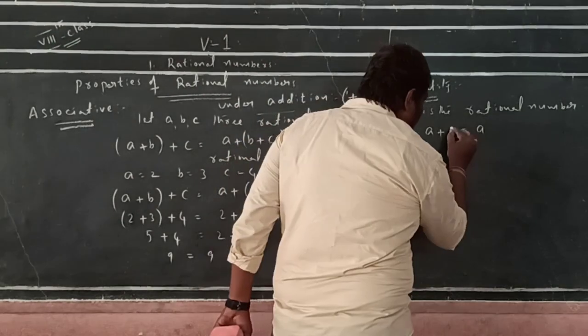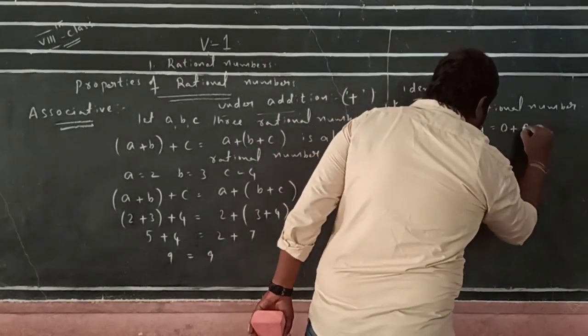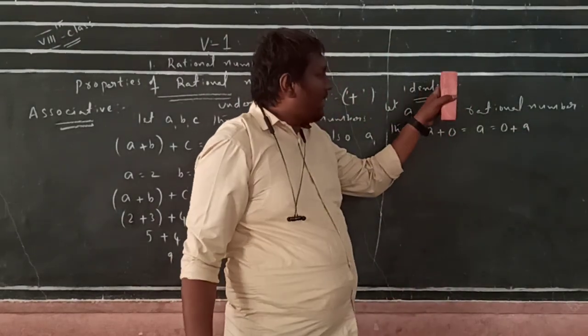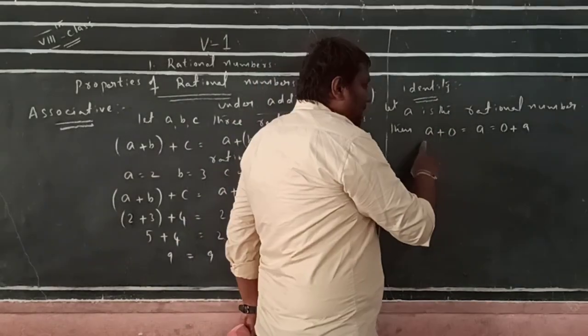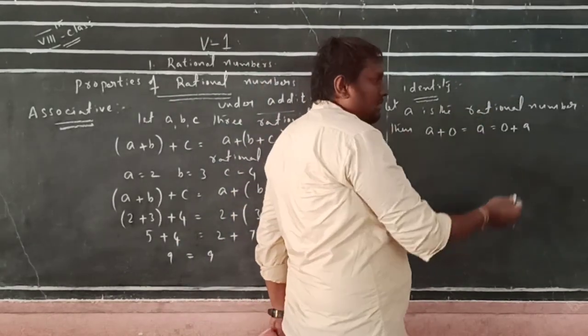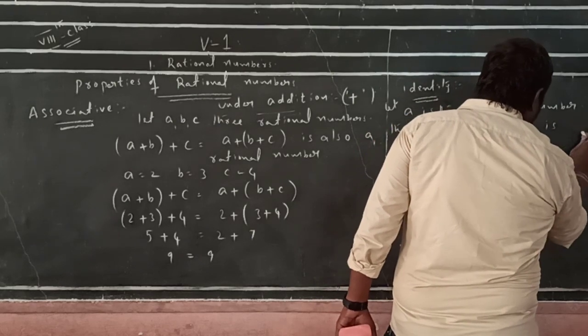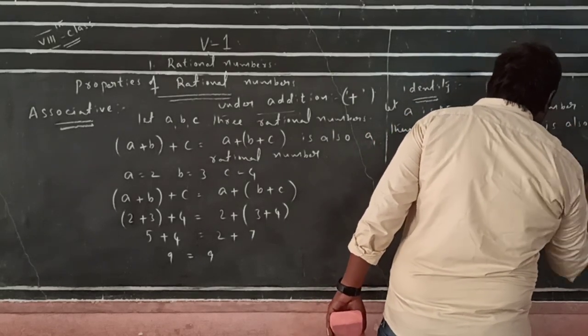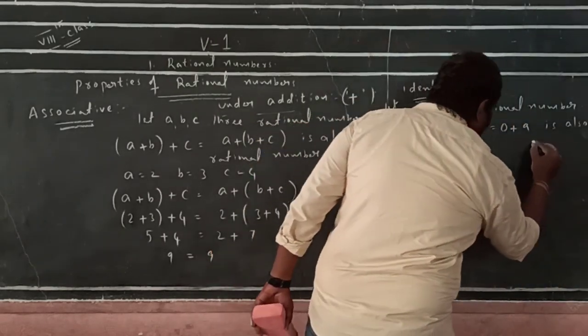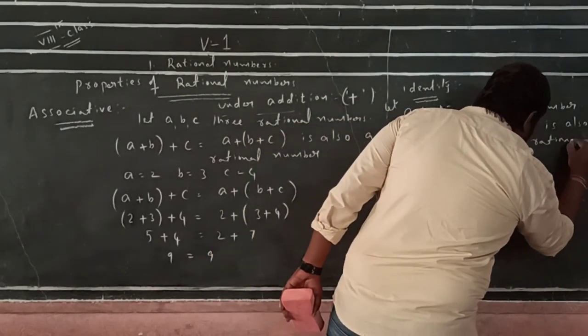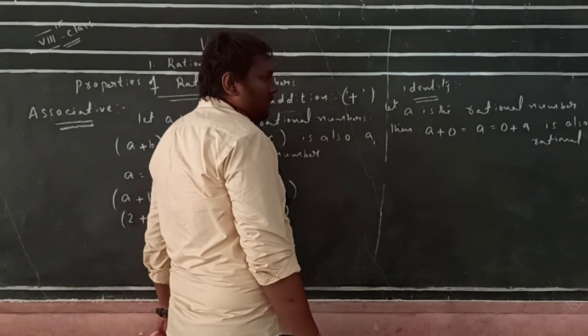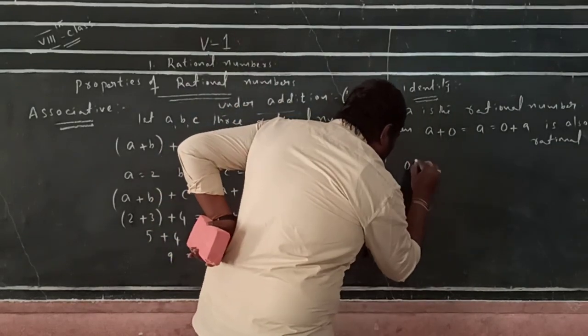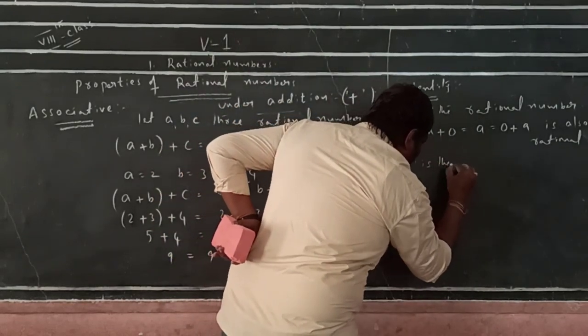What do we substitute? The same answer comes with 0. A plus 0 equals A, equal to 0 plus A, is a rational number. This is the condition of the identity property. Here 0 is the additive identity.